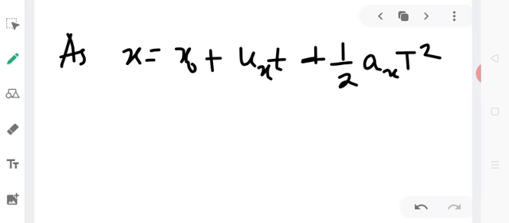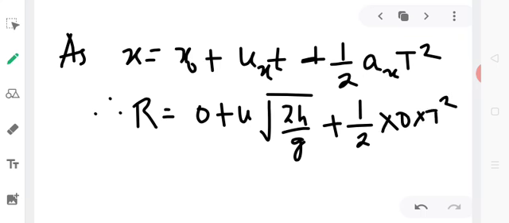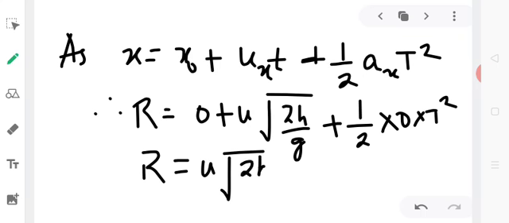So we can write down therefore R equal to 0 plus u times root over 2h by g plus half into 0 into t square. So that gives us R to be equal to u into root over 2h by g.